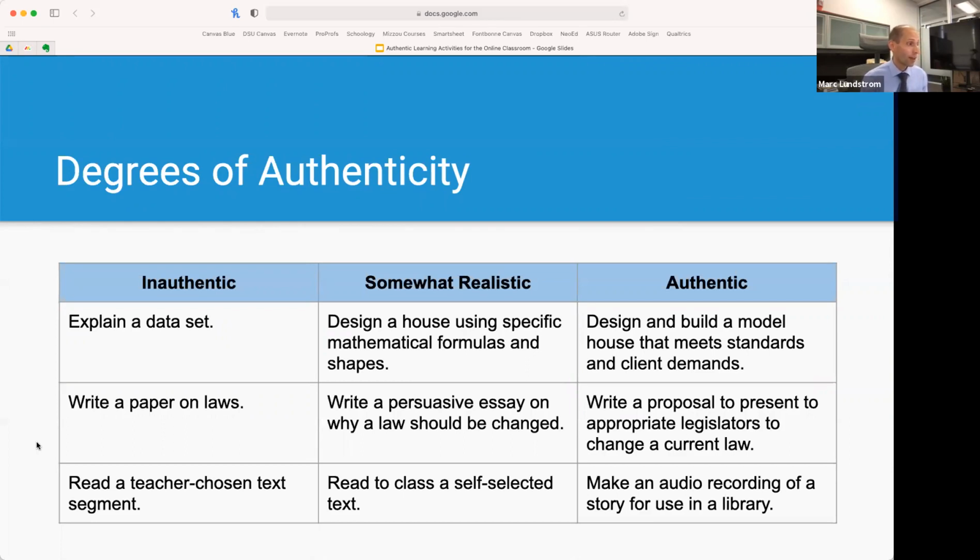So taking that data set and using it in a particular way, that would be an application of that data set. But an authentic way would be to put this student into a professional experience as much as possible, or simulate it. Ask them to design and build a model house that meets standards and client demands.